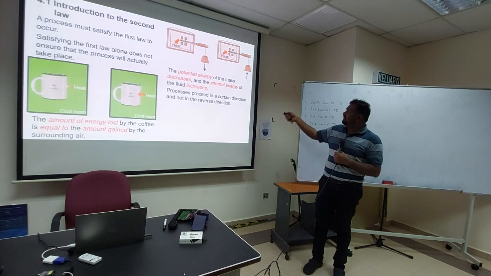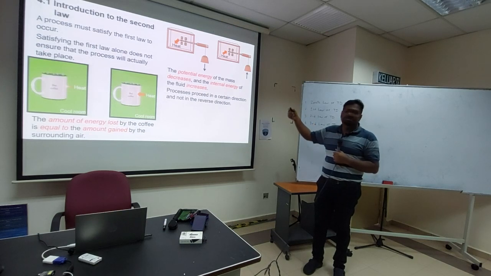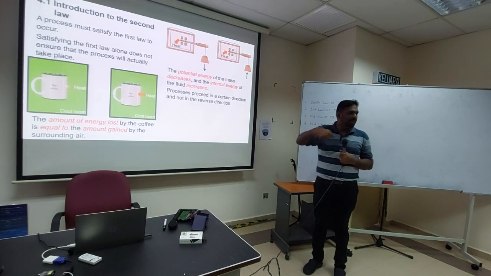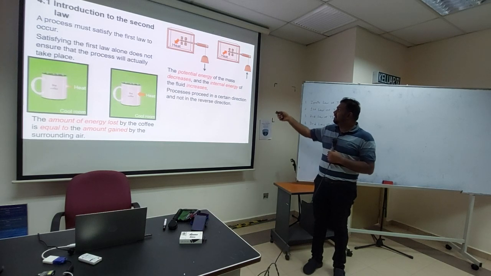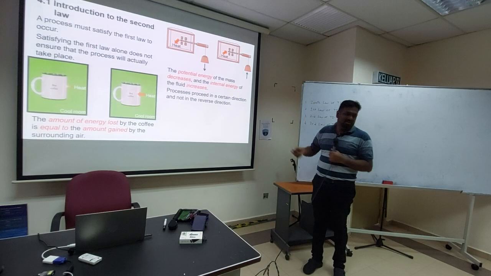Okay, once the internal energy increases, you need to do something in order for the work to be done, or the heat to be released. So unless it happens naturally, the internal energy cannot decrease, or you need to do something inside to make the internal energy decrease.